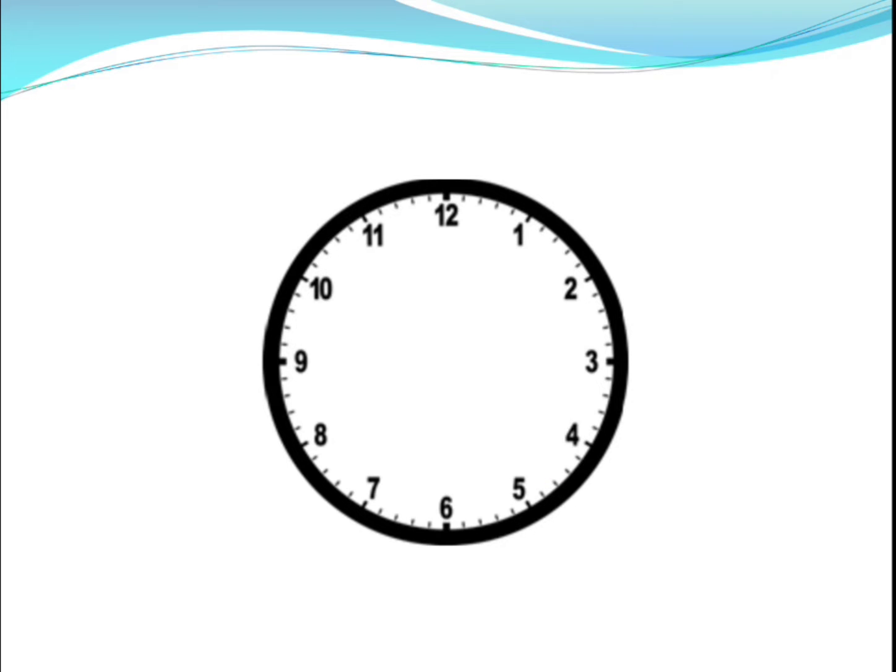In this clock, you already know there are two hands. One is the shorter hand and the other one is the longer hand. Let me show you. Here it is, a short hand and a long hand like this, isn't it, children?